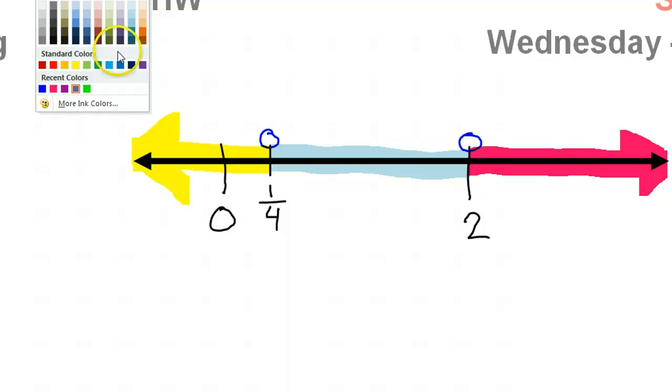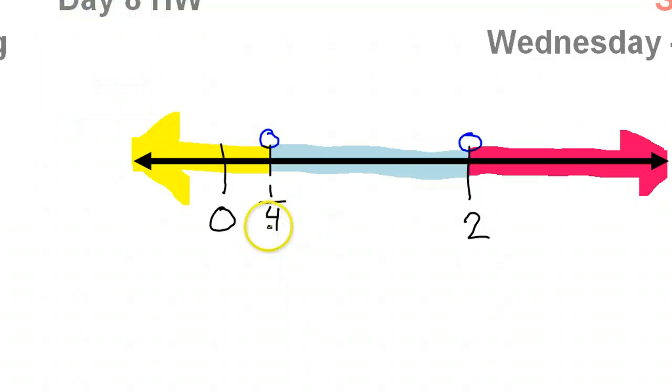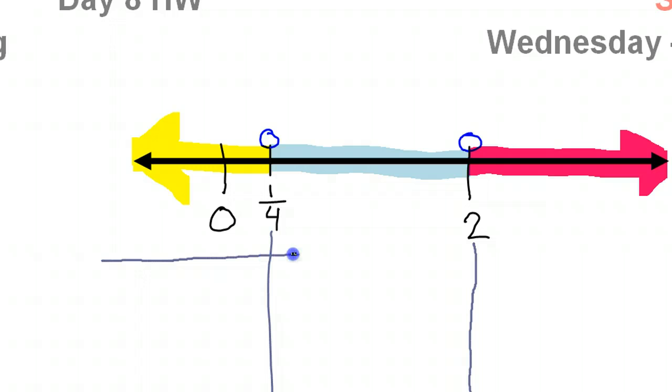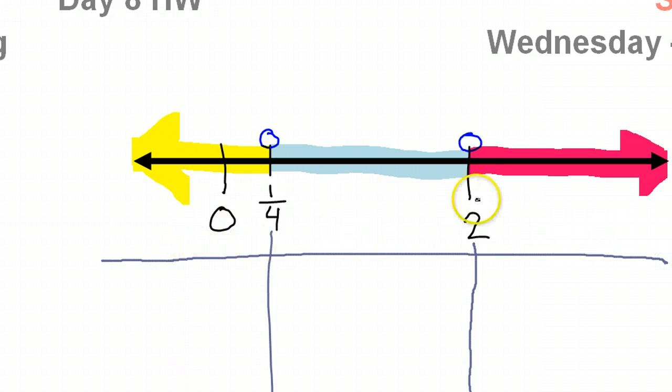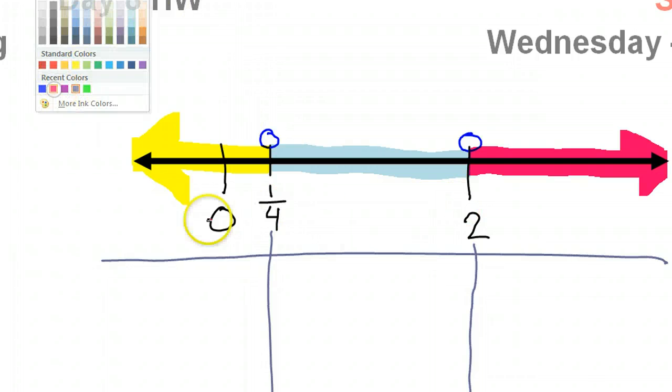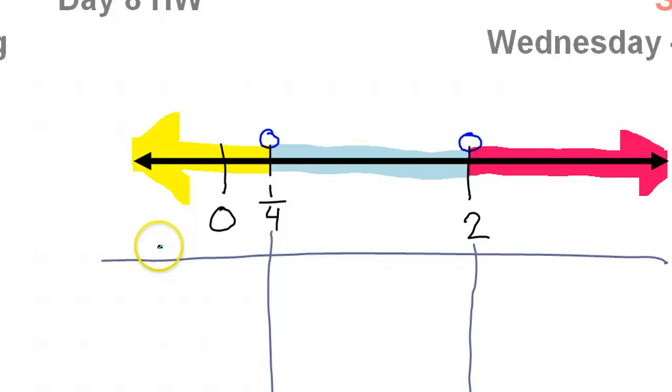I like to make a little chart out of this, so do it the way I'm doing it. In each one of these zones I need to pick a test value. In the yellow zone I'm going to pick 0 because 0 is just fun to work with. It's fabulous.